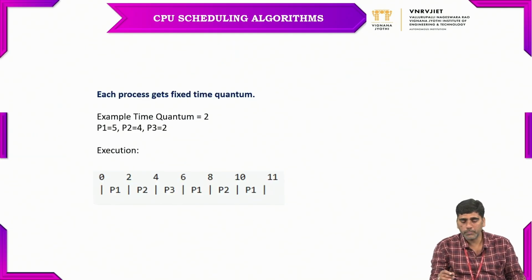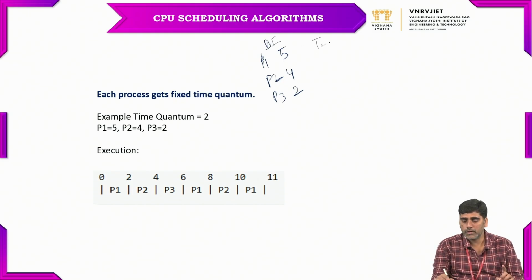So here is the example. The processes given are P1, P2 and P3. P1 is 5 milliseconds, P2 is 4 milliseconds, and P3 is 2 milliseconds. This is the burst time of each process, and the time slice, or time quantum, given is 2 milliseconds.